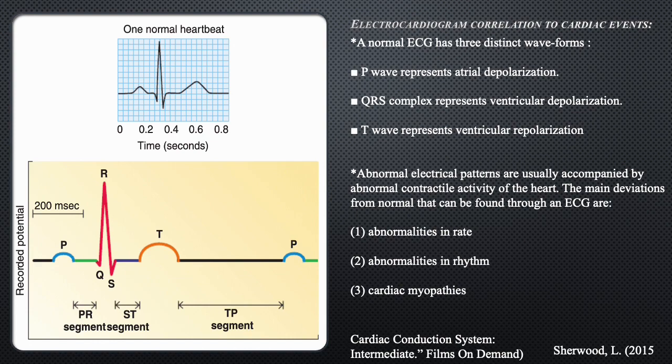At the following three points in time, no net current flow is occurring in the heart muscle, so the ECG remains at baseline. First, during the atrioventricular nodal delay, this delay is represented by the interval of time between the end of the P wave and the onset of the QRS complex.